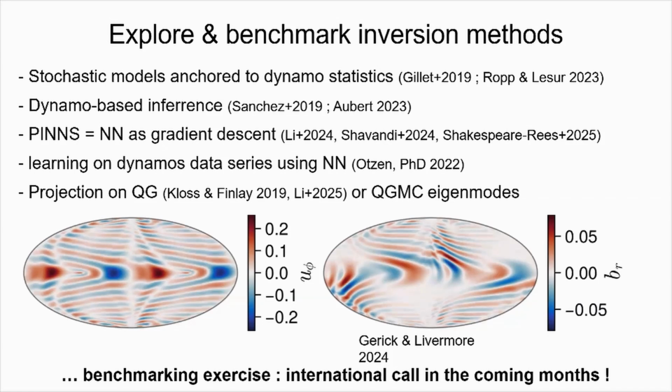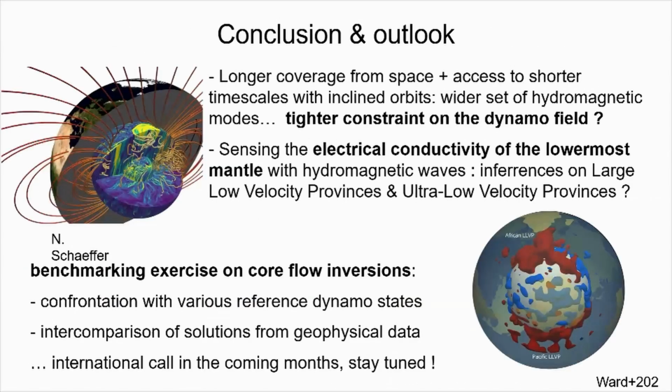I give here one example of these eigenmodes. This is the east-west flow in red and blue, and this is the associated magnetic perturbation. Of course the observations won't tell us all these details, and it might be even more complicated as the background field gets more complex. But we have an eigensolver able to show this kind of pattern. So stay tuned. We will launch a benchmark in the coming months.